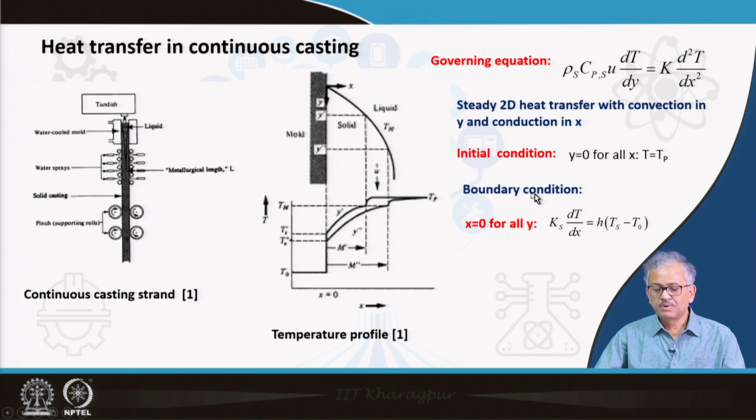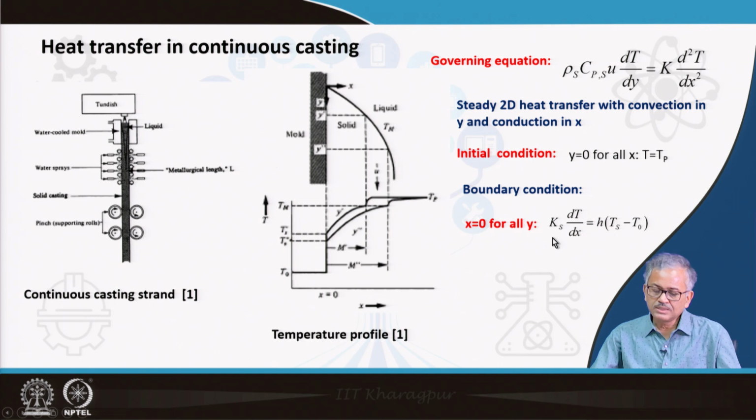And for the boundary conditions, there are two boundaries, at x equal to 0 and at x equal to m(y). m(y) is the solidified shell thickness here. This is one boundary and this is another. Here x is equal to 0, and here x is equal to m, a function of y.